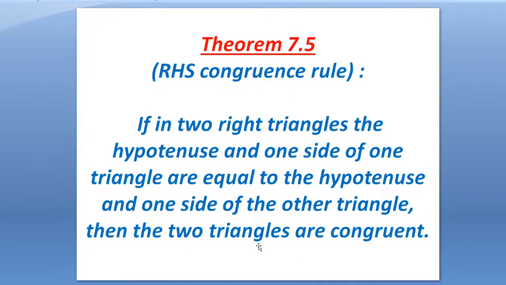In this case, you arrive at the following congruence rule, the RHS congruence rule. If in two right angled triangles, the hypotenuse and one side of one triangle are equal to the hypotenuse and one side of the other triangle, then the two triangles are congruent.